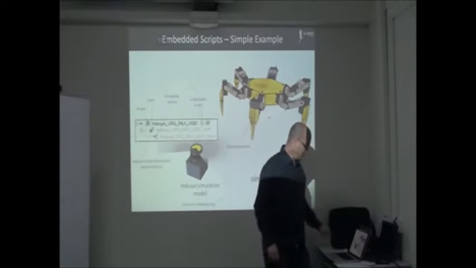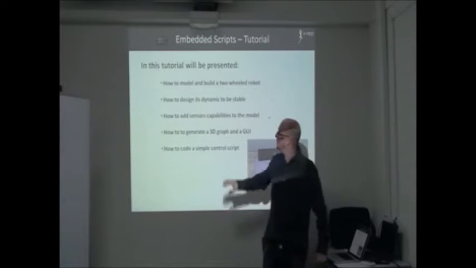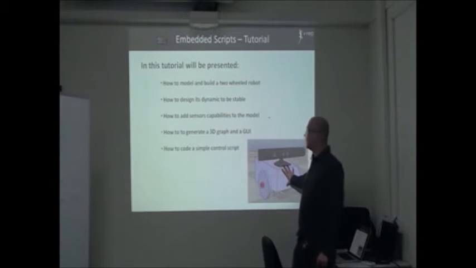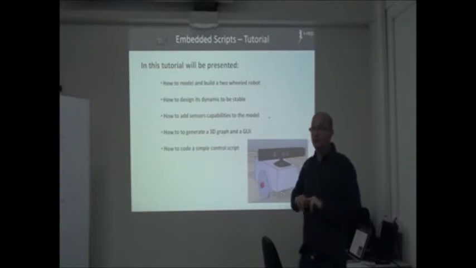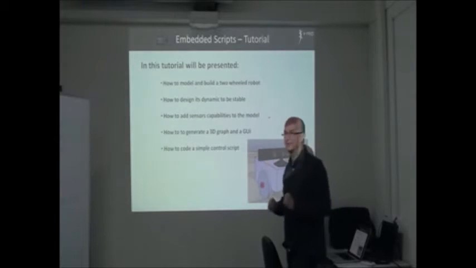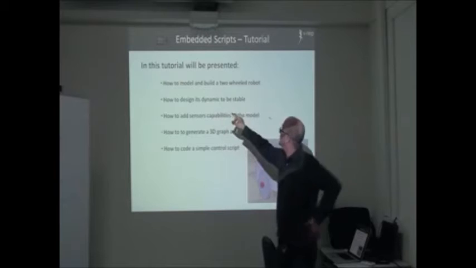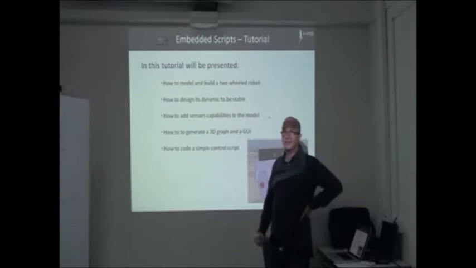So the next step is that we're going to build this robot, or kind of this robot, and we're going to use most of the three modules that I presented. So first we will be modelizing and building the two-wheel robot.